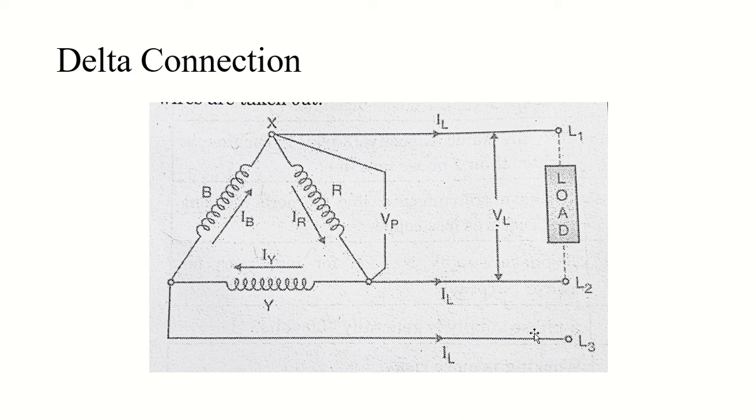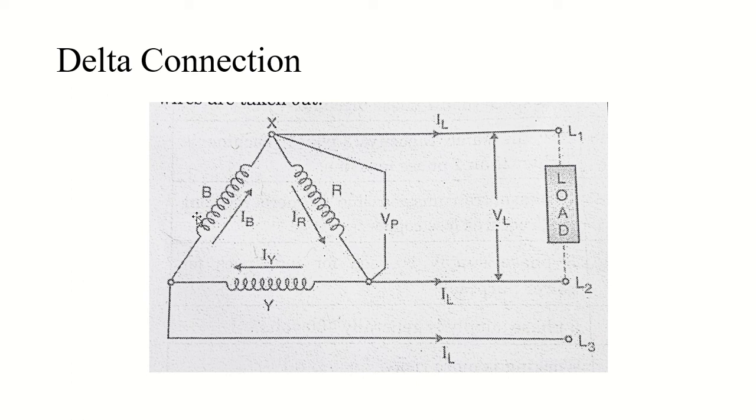Now if I tell you that there is no current flowing between one winding, then all three of them are connected in parallel with each other. Hence, please pay attention, I'm repeating one more time, all three of them are connected with each other in parallel connection, as you can see.